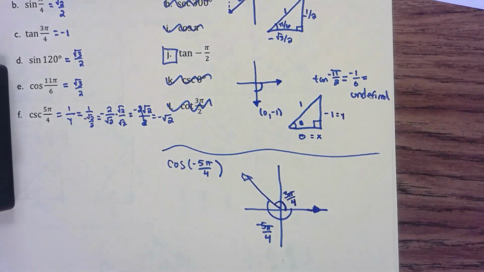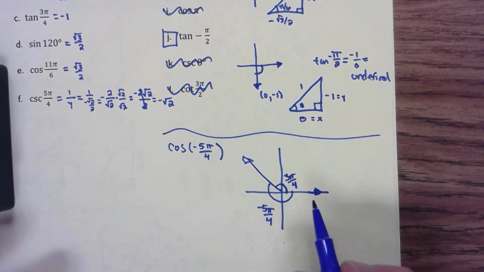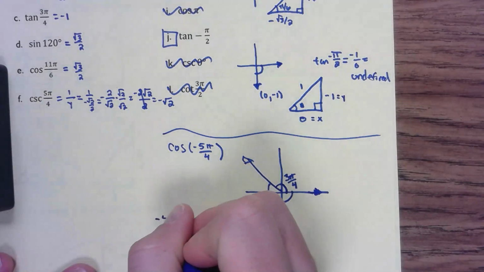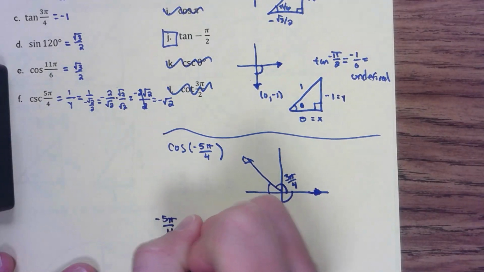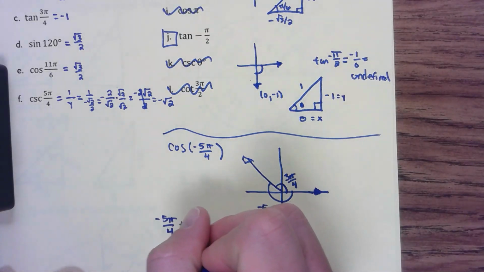Now, another way that you can come up with that, and one thing that we learned back when we first were drawing angles, is something called a coterminal angle, where we have some rotation, but it's equal to another value that has an extra revolution added to it. So what we did for that is if I had negative 5 pi over 4 and I want the coterminal angle, we add rotations to it.